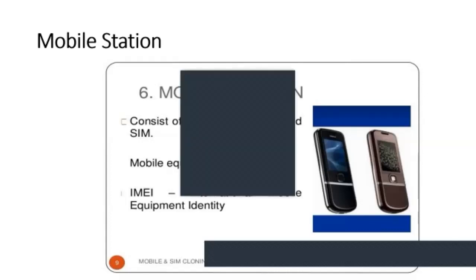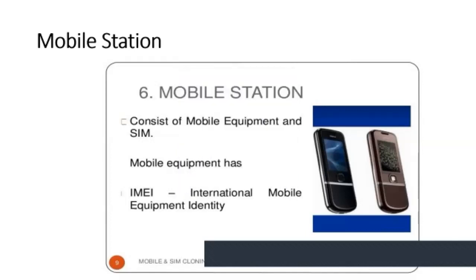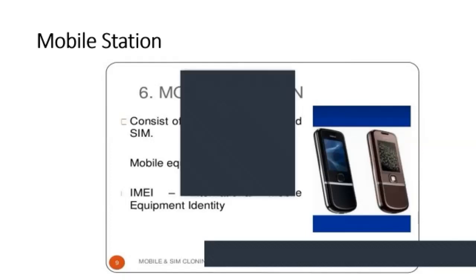Yes, Devatrita, you are correct. It is *#06#. By dialing this, you will be able to view your IMEI number. Yes, Deepalia. So all of you know how to view the IMEI number.